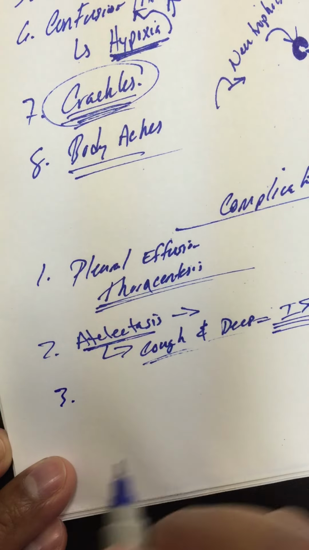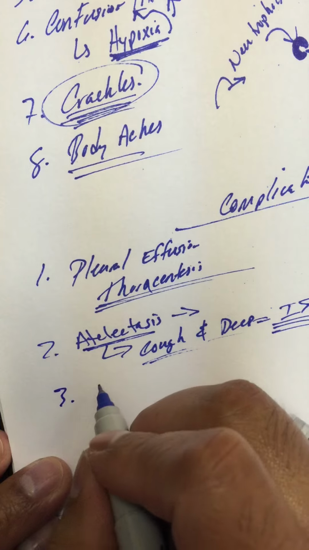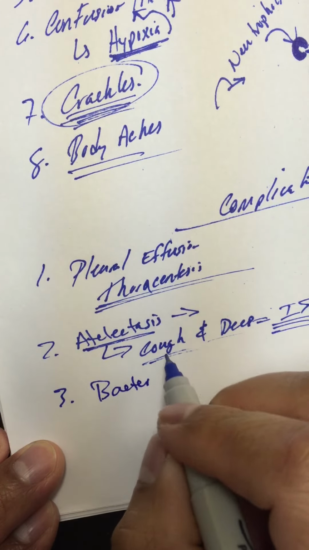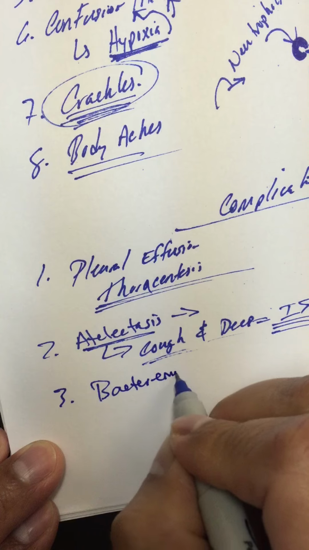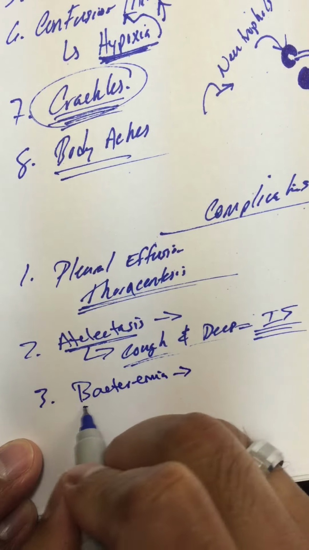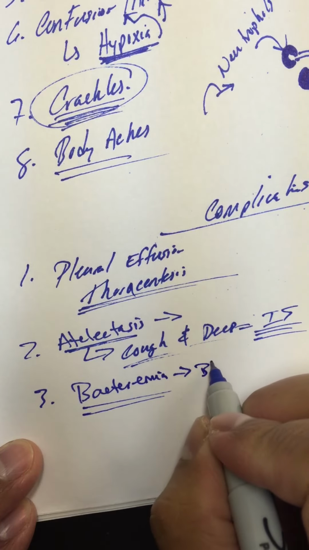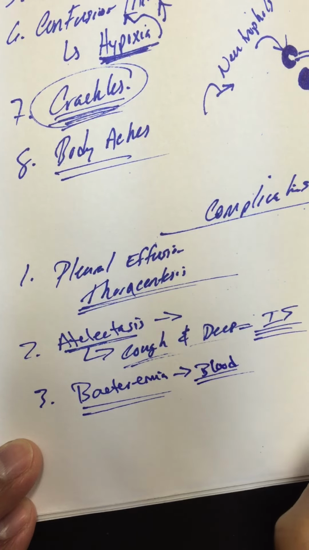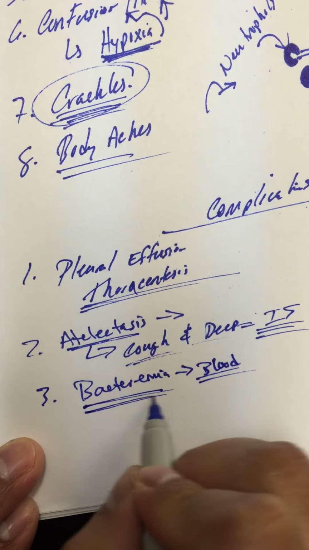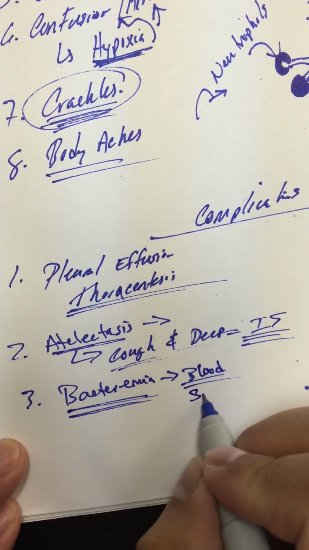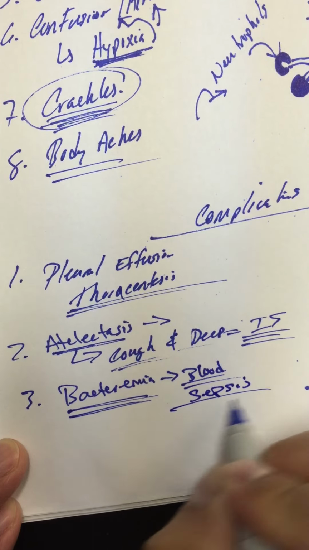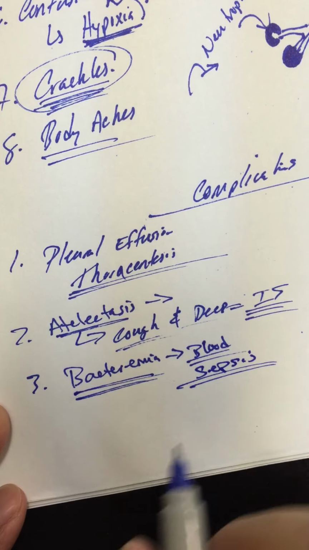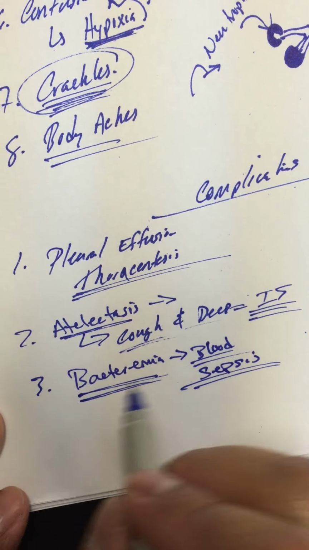Number 3, if the infection is not treated, something like bacteremia can occur. So bacteria in the blood and circulation. Okay? Now you always worry with sepsis if this occurs, especially with elderly patients or immunocompromised patients.